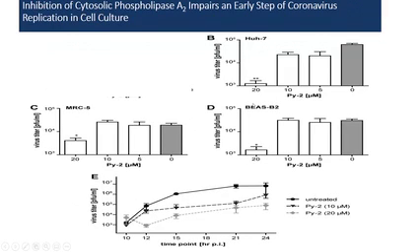Here is a slide showing the amount of virus. The taller the bar, the greater the amount of virus being produced. And this is going to seem a little bit backwards.